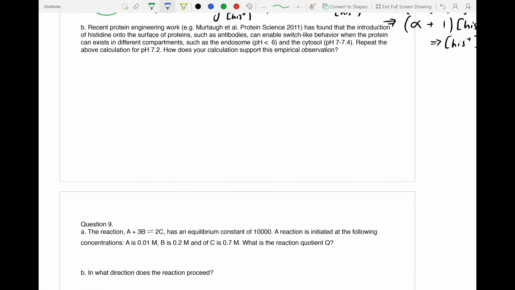Apologize for that confusion. So the next part is: recent protein engineering work has found that the introduction of histidine onto the surface of proteins, such as antibodies, can enable switch-like behavior when the protein can exist in different compartments, such as the endosome, which has a pH of less than 6, and the cytosol, which has about physiological pH. So repeat the above calculation for pH 7.2.